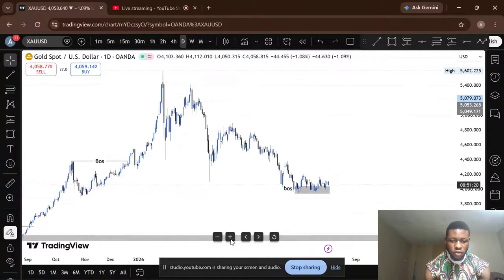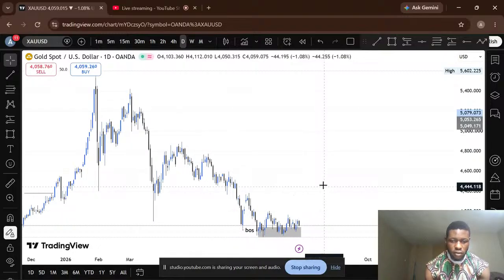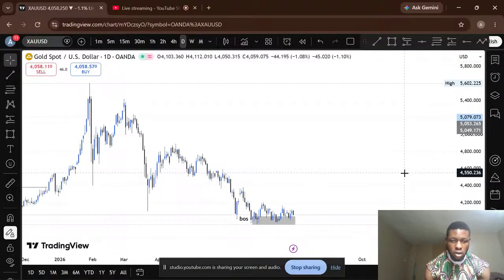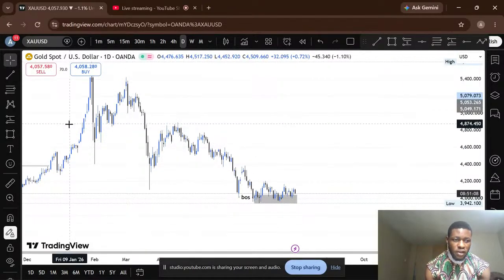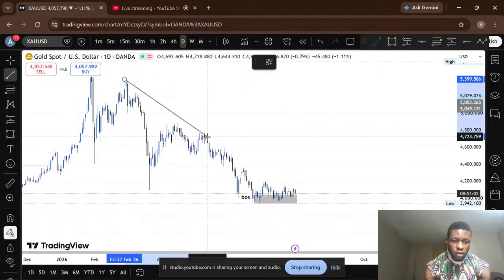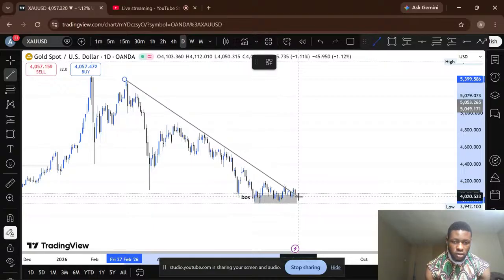From my observation, gold is currently in a downtrend, even though we are hoping for price to turn bullish any moment, but it is clearly seen that price is still bearish.